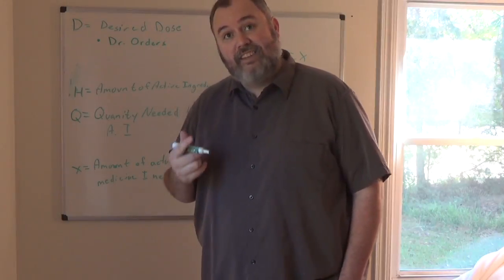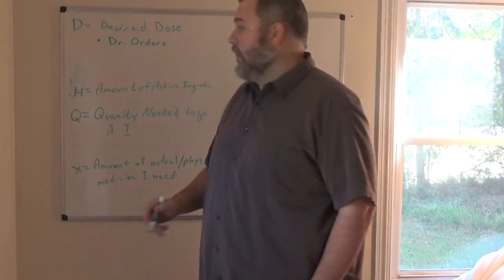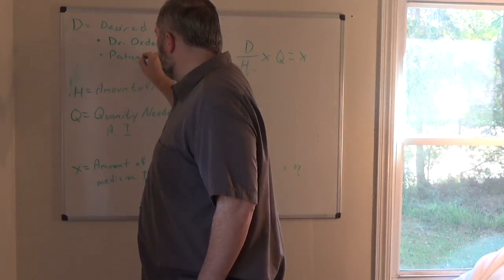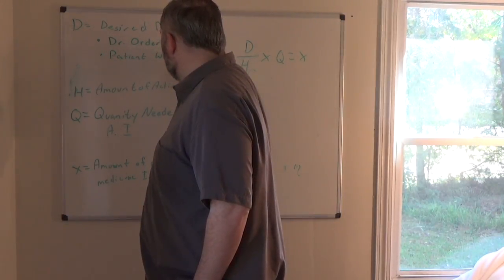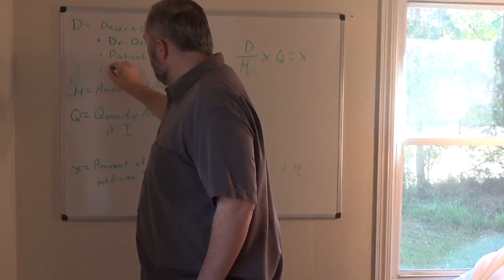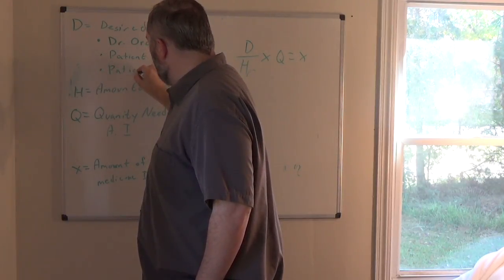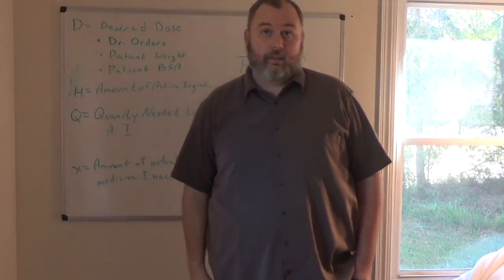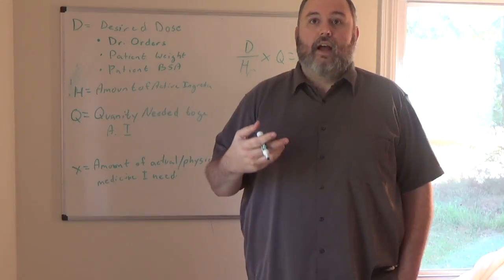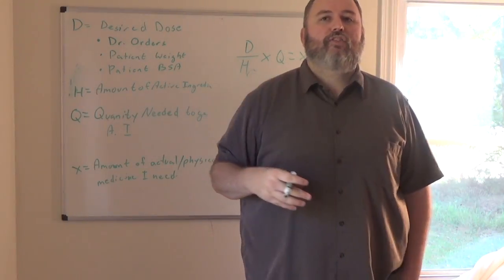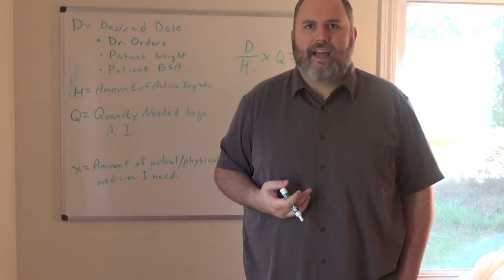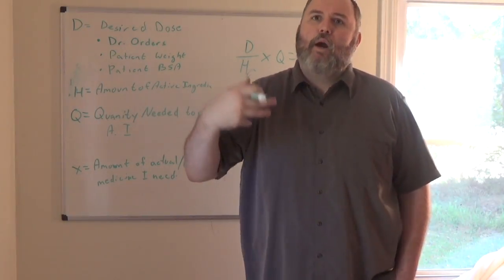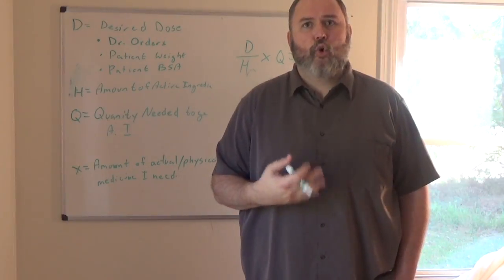Or sometimes the doctor prescribes it based upon the patient's weight, or the patient's BSA. And we did this in the last video, or at least kind of talked about it. We said that the doctor says, using me for example, I needed 0.1 milligrams of medicine per pound. That was what the doctor ordered.